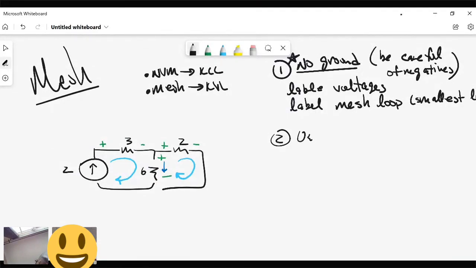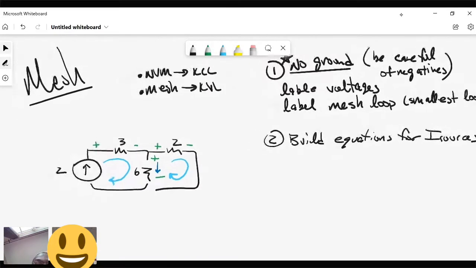Use current sources to build equations. Actually, I'll say it like this: build equations for your I sources.